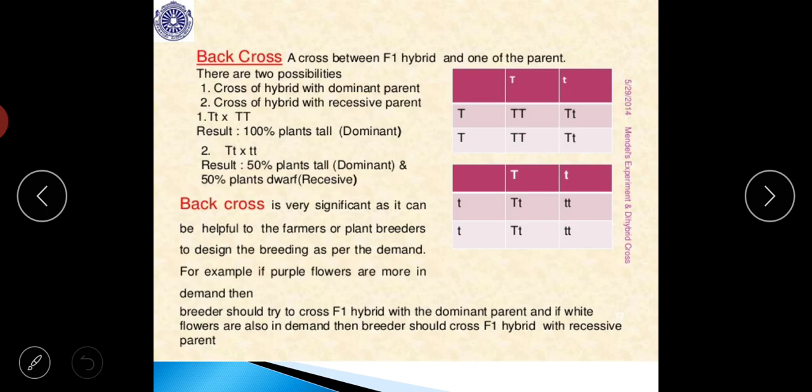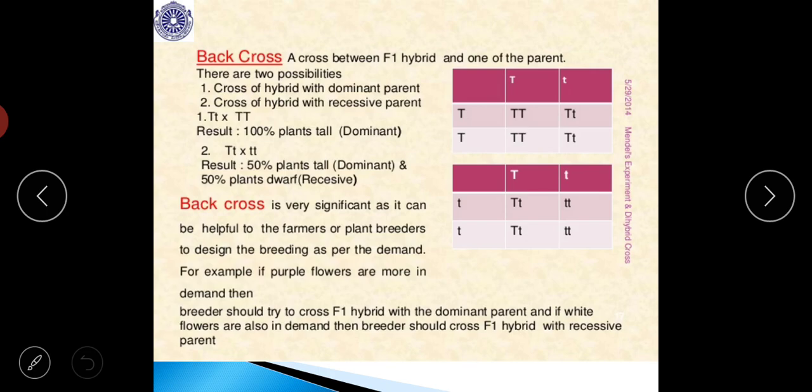The cross of the hybrid with the dominant parent resulted in 100% plants with the tall condition, whereas the backcross between the heterozygous parent and the homozygous recessive parent produced 50% of plants which were tall, that is the dominant type, and 50% of the plants were dwarf, which are the recessive type.